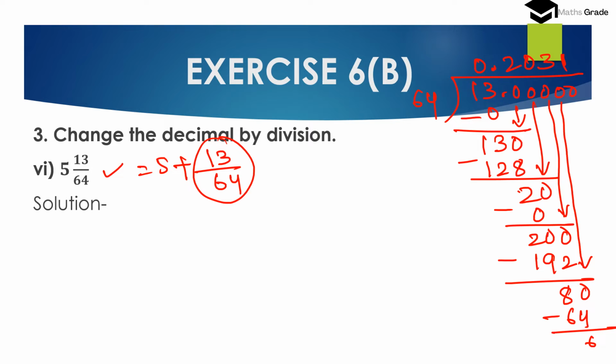Now this 7 minus 6 is 1, 16. Now write this 0, 160.